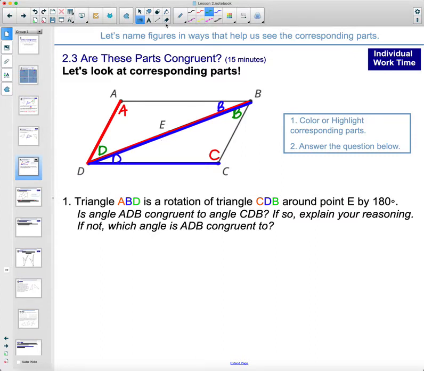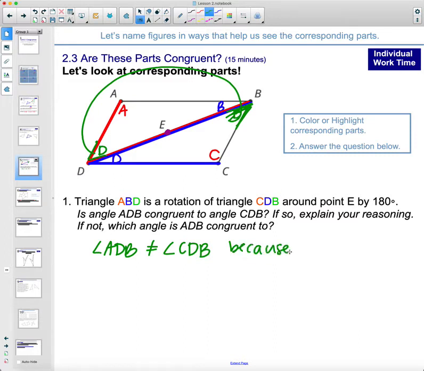When you rotated it around this middle point right here, this angle D rotated to this angle. So angle ADB is not equal to angle CDB, and I would say because they're not images of each other.